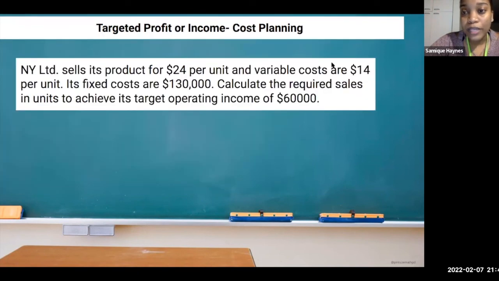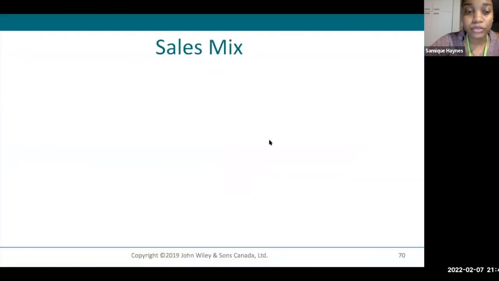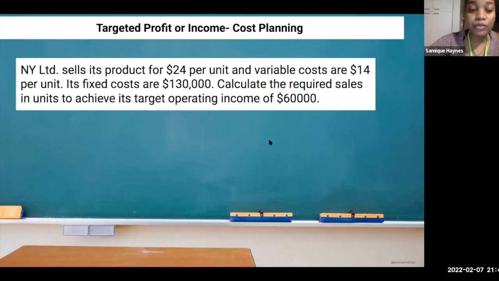So this is how we can do an example here. New York Limited sells its product for $24 per unit and variable costs are $14 per unit. Fixed costs are $130,000. Calculate the required sales in units to achieve its targeted operating income of $60,000. How would we do this one?